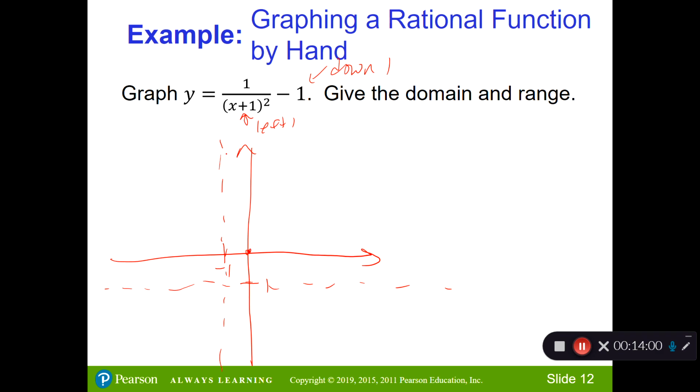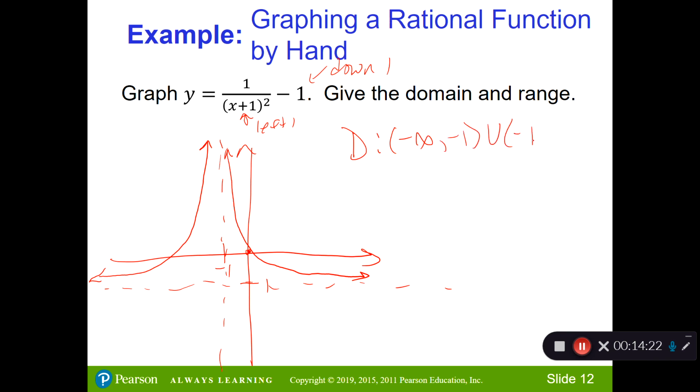So I'm going to pass through the 0, 0. But otherwise, it looks just like the figure. And by the way, if I wanted this x-intercept, I could set the y to 0 and solve the equation. All right, now, the domain is everything but negative 1. And my range is everything but negative 1.